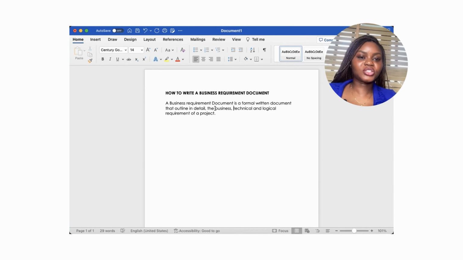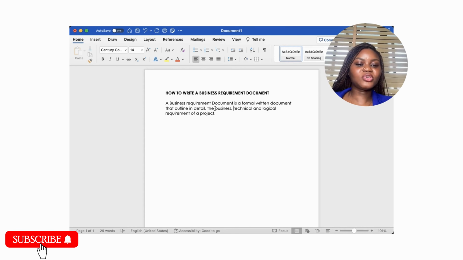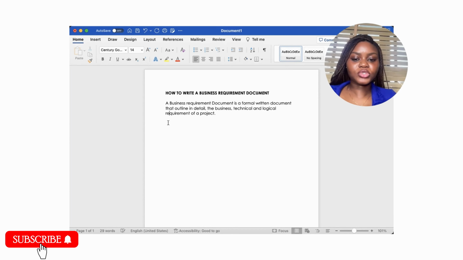Essentially, this document is supposed to guide the entire software development lifecycle of a project.